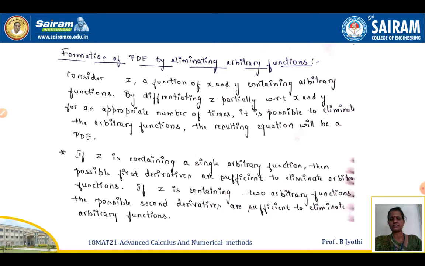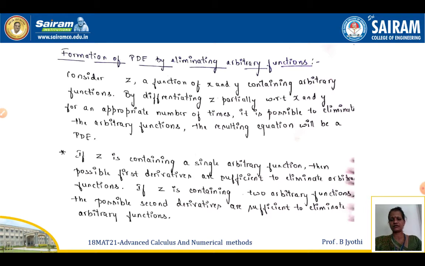If z contains a single arbitrary function, first derivatives are sufficient to eliminate it. If it contains two arbitrary functions, second derivatives are sufficient. With this introduction, we can start the problems.